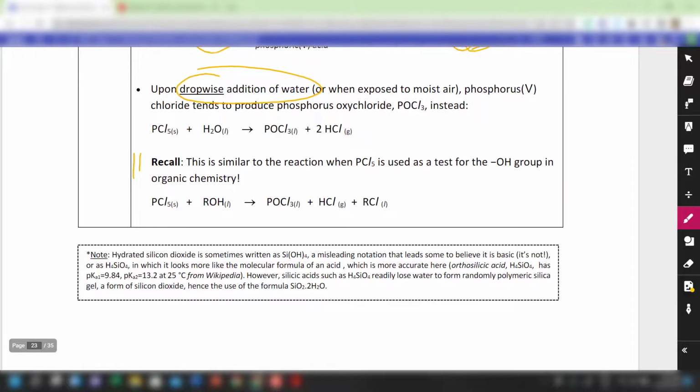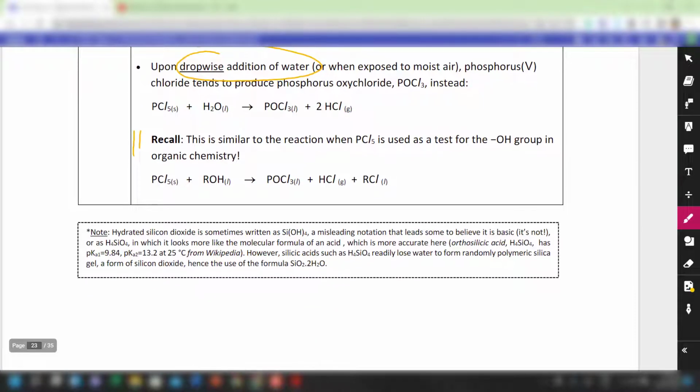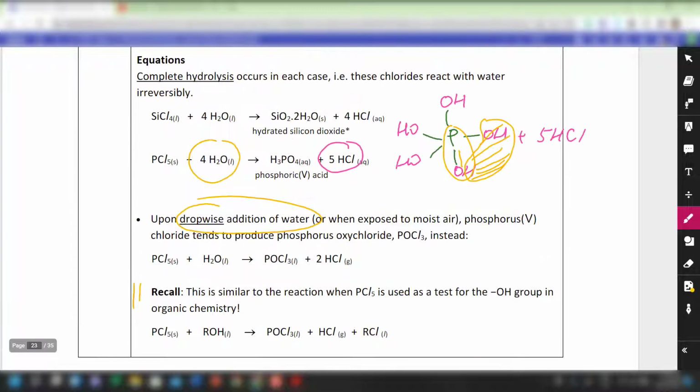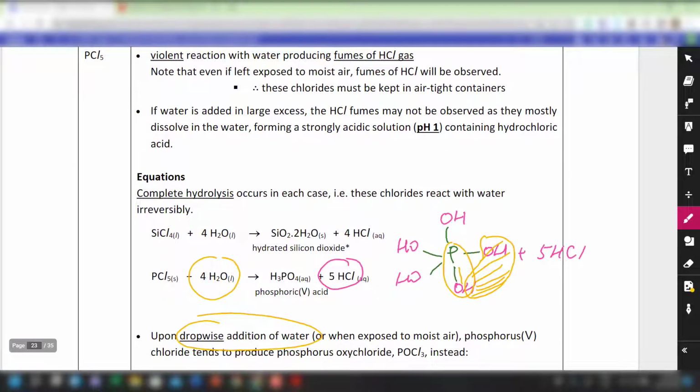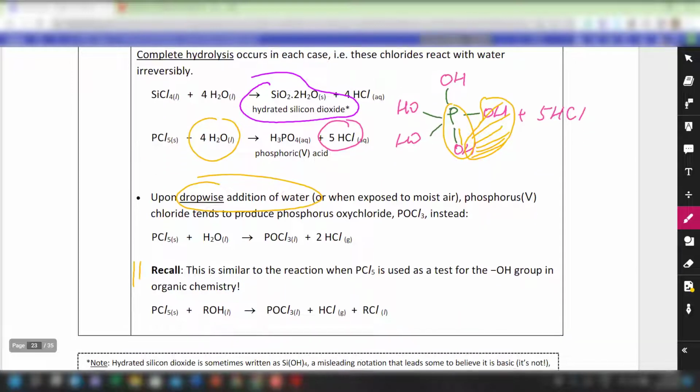Okay, yeah. Do take note that the hydrated silicon dioxide is sometimes written as Si(OH)4, which is misleading. So in most cases, it should be written as SiO2.2H2O. Okay, I think the way we wrote it here is important. Yeah, so just remember how it's being written.